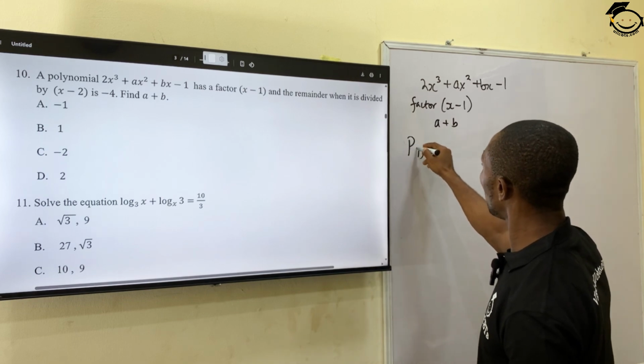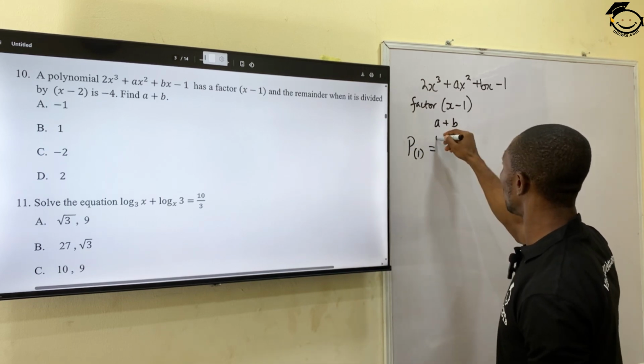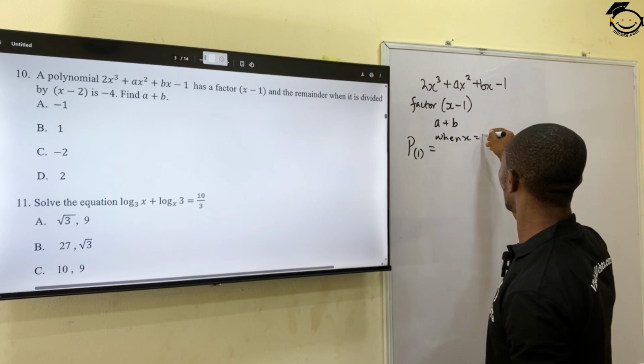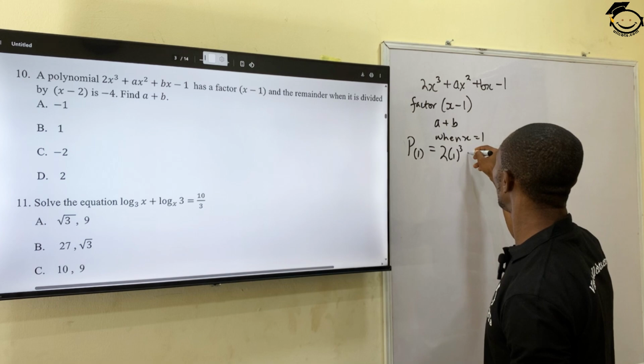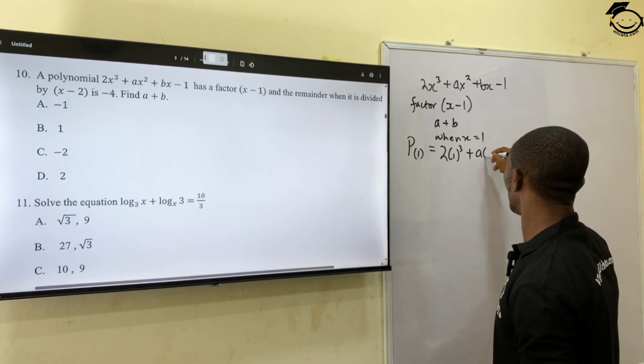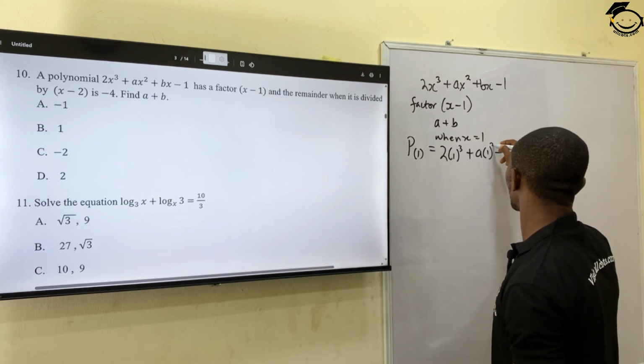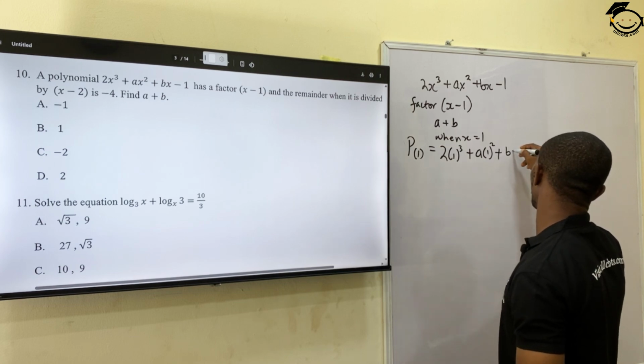Our P(1), when x equals 1, will become 2(1) cubed plus a(1) squared plus b(1) minus 1.